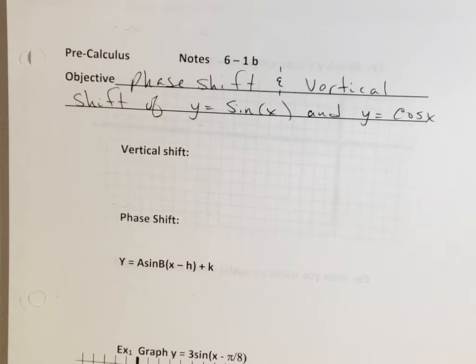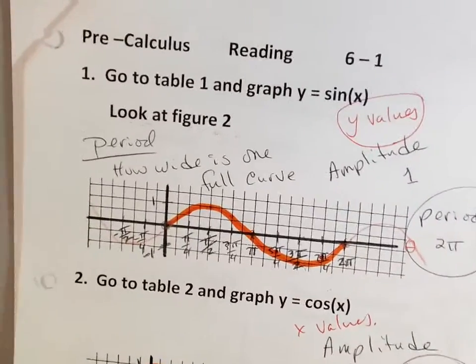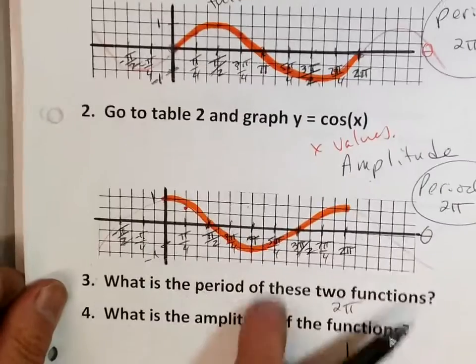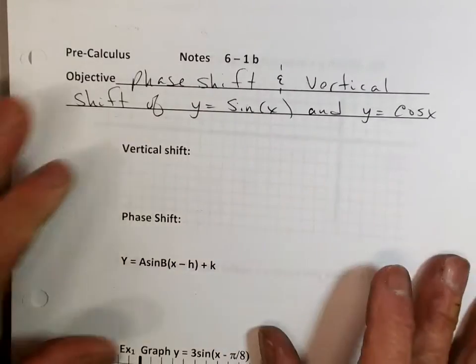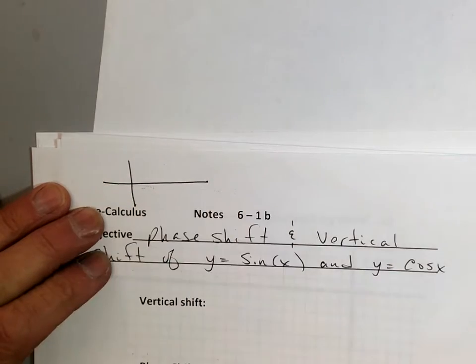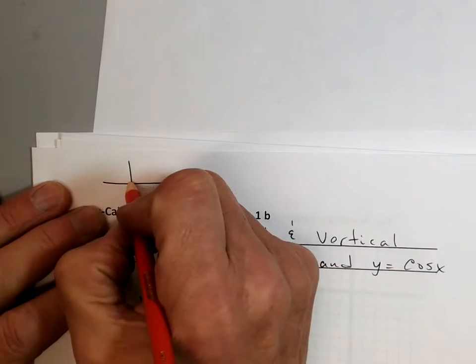So Friday, when I was gone, I made some beautiful notes. That is a sine graph, right? Yes. And that is a cosine graph. So what I like to do is, up above, real quick, I'm just going to put the general shape. I know that sine looks like this.